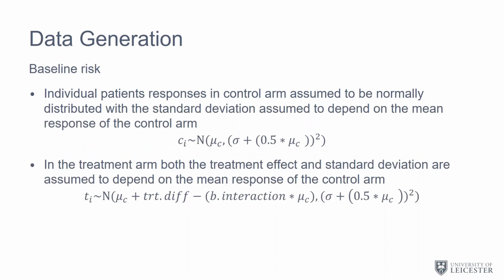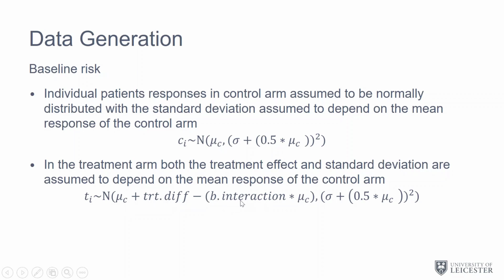But when baseline risk was present in the control arm, then we assume that the standard deviation depends on the mean response in the control arm. So we're still simulating from a normal distribution with the mean response μc, but now the standard deviation also depends on μc. And in the treatment arm, we have both the standard deviation and the mean response depending on the mean response in the control arm. So here our mean is the mean response in the control arm plus our intervention effect.